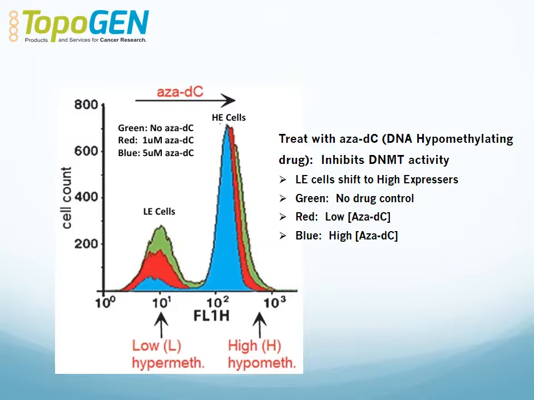And you can see that these cells are shifting from this position as they're treated with the hypomethylating drug to remove methyl groups. They're shifted over to a higher position here in terms of expression. So that proves clearly that we're able to manipulate these expressing cells or these low or high expressors in precise ways using drugs of known mechanism of action.